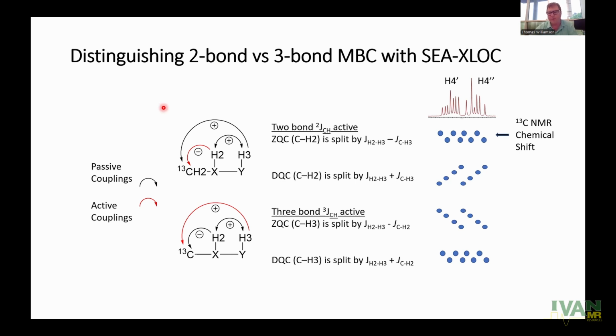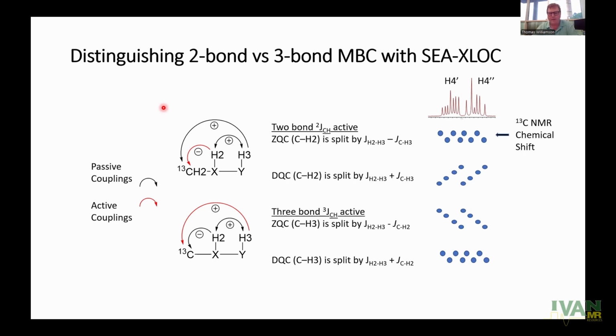In order for this to work, we need to have some sort of multiplet structure on the protons of interest so that we can observe this tilt. It's not exactly a straightforward type of analysis. Once you get the hang of it, it's okay, but it's not something that everybody in walk-up NMR is going to be able to just use.